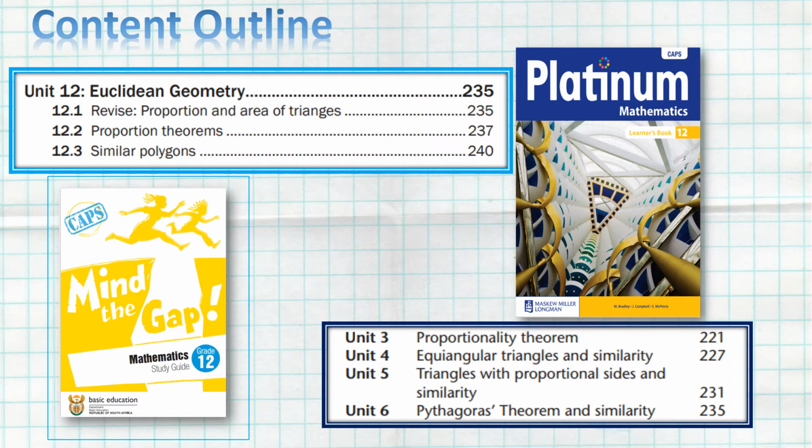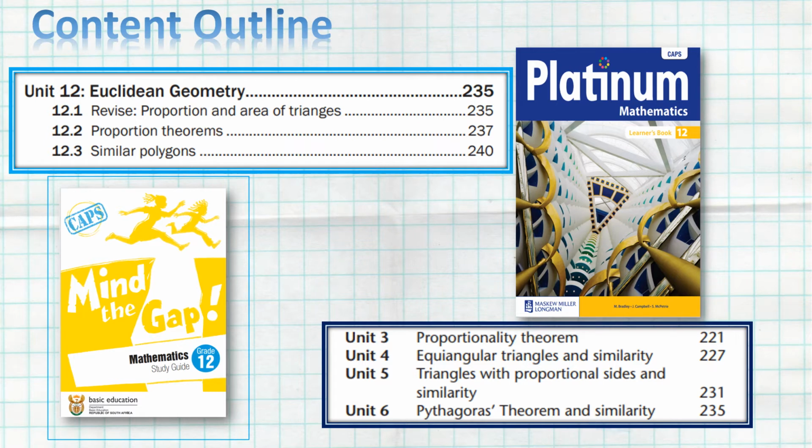The outline, 12.2, proportionality theorem, was taken from Mind the Gap Mathematics Study Guide. Also, if you take a look at Unit 3 of the Learner's book, Platinum Mathematics, Proportionality Theorem, page 221, it's also a focus. I'm very sorry about the background noise. So that's just the content outline, and we're going to be focusing on proportionality theorem.